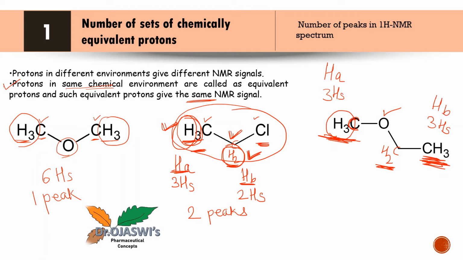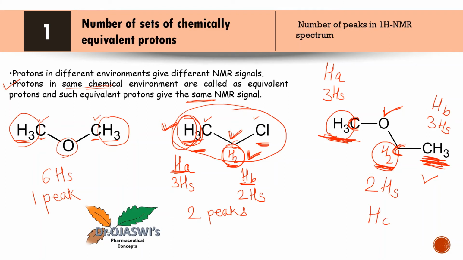Now the remaining 2 hydrogens in the structure are attached to this carbon, which on one side has oxygen and on the other side has CH3. So this is altogether a different environment, and these 2 hydrogens will give a different peak.